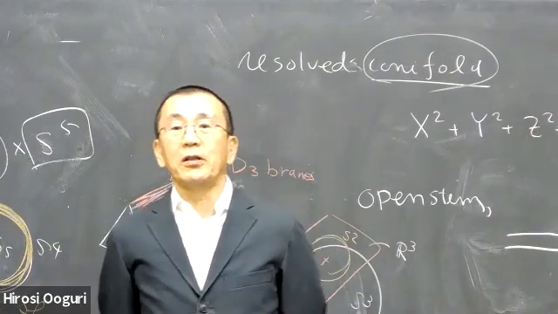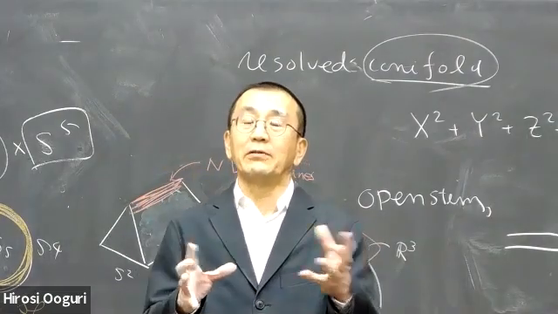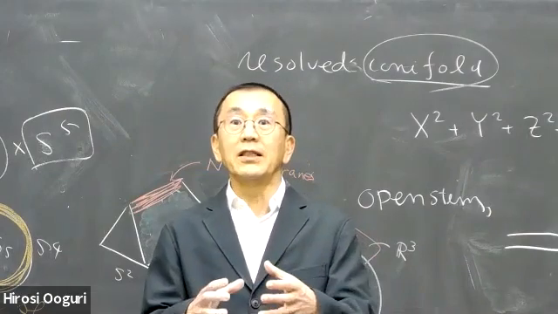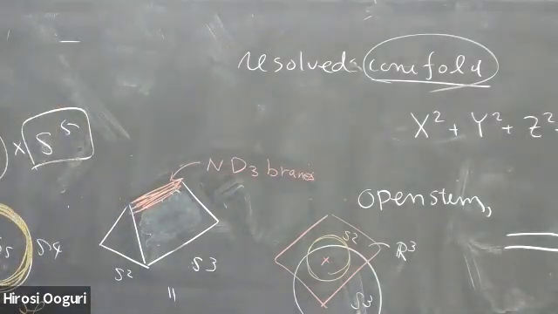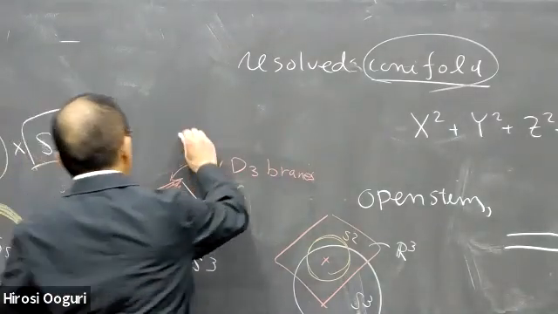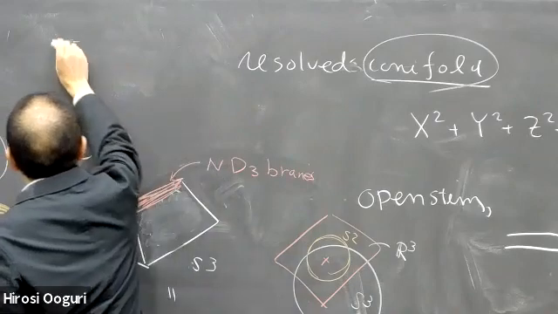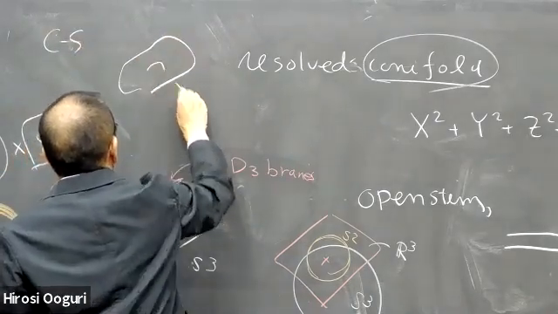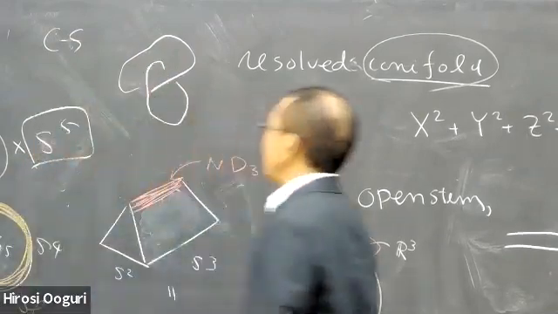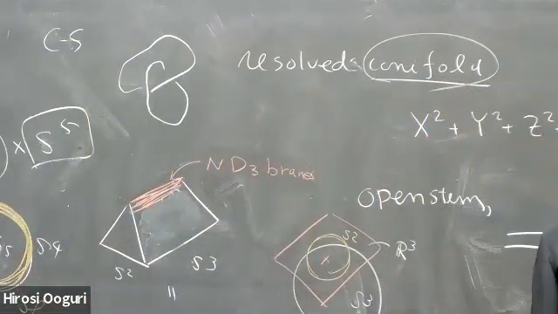You do have some extended observables like knots and links, for example Wilson lines going around like that. So these are the observables.